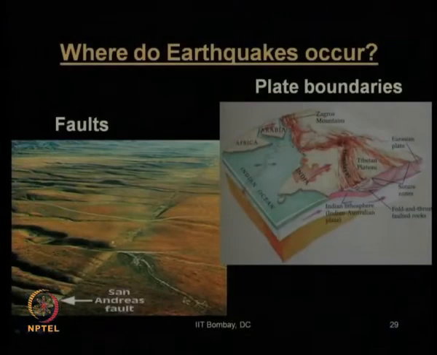So, obviously, when energy tries to get released, it will prefer these fault locations. That is the reason why along this fault a number of earthquakes can occur again and again.